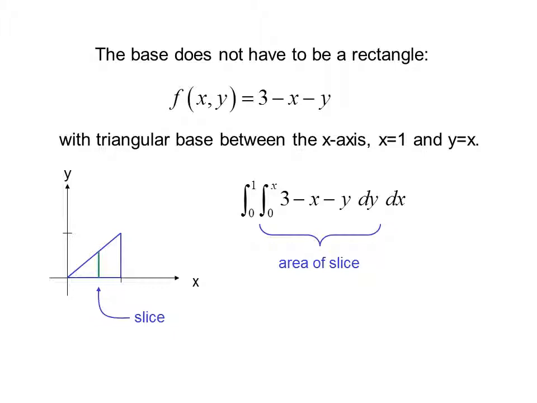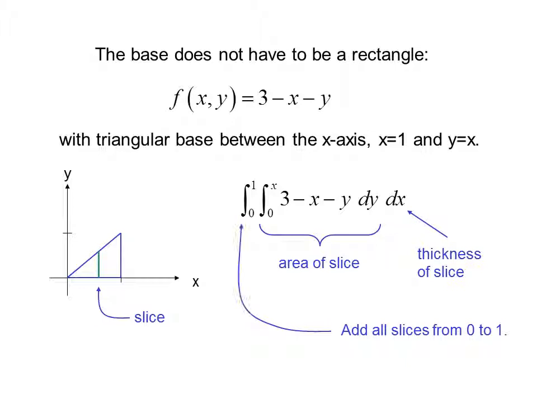So we have the area of the slice, the thickness of the slice, and we add all the slices from 0 to 1.